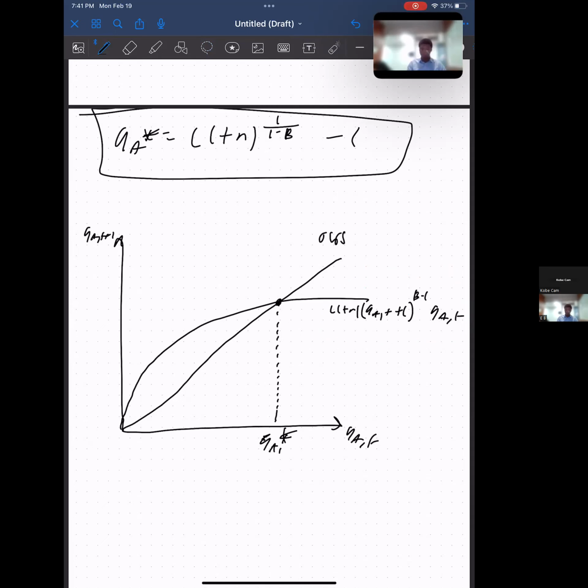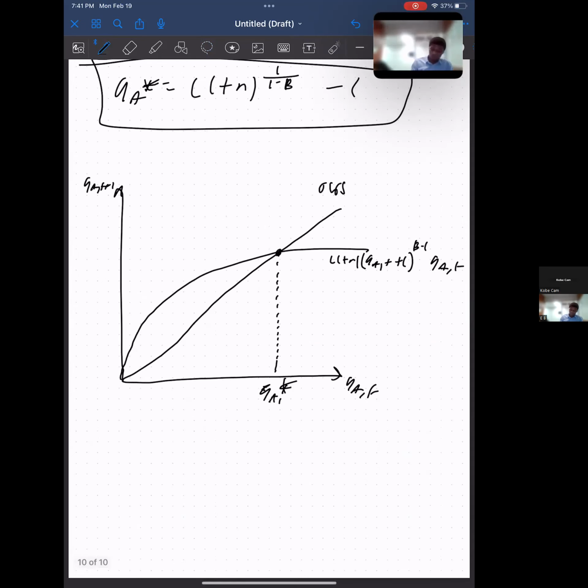So does anything change? Yes, and this is why it's always important to write down the equations associated with a changing variable. In this case, it's certainly a variable of interest. So we know what the formula for g_A,t is. If you remember, the growth rate of technology is just this, with beta minus 1.